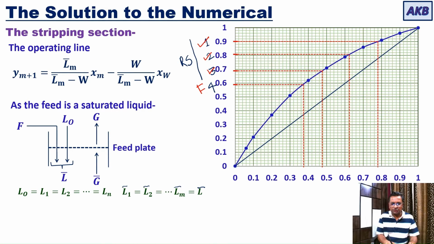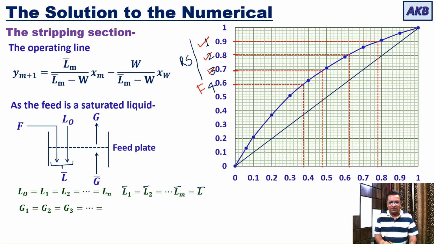In general, if we denote the liquid flow in the rectifying section by L, in the stripping section it will be L bar. I am using the bar to indicate that L and L bar are different. Liquid flow in the rectifying section is different from the liquid flow in the stripping section. So I hope this is clear to you.